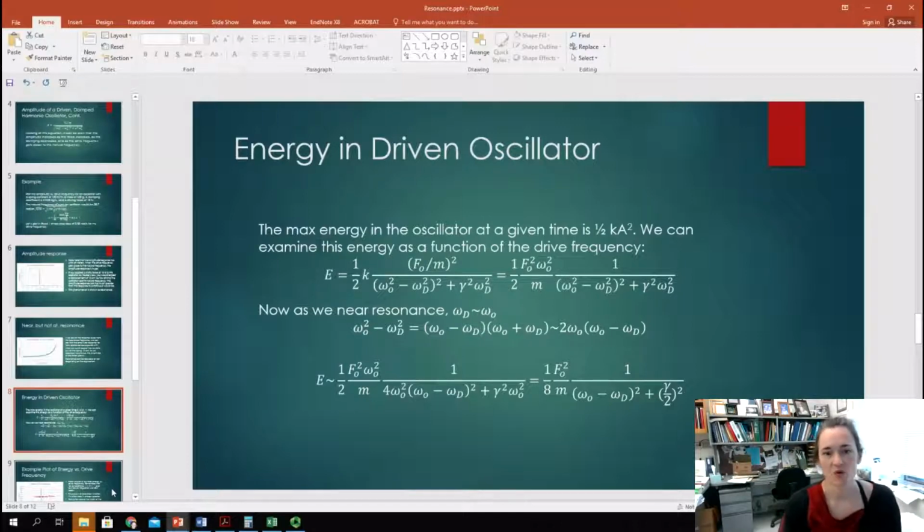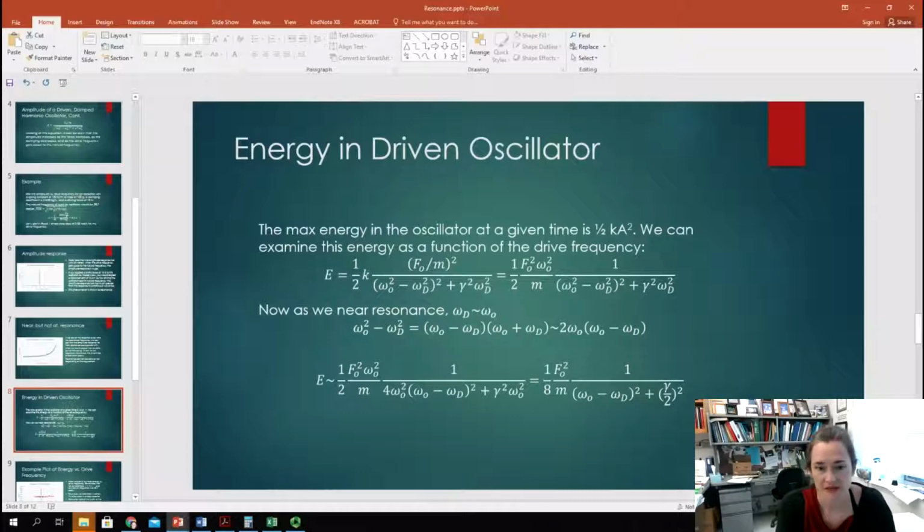Now let's think about what's happening as we near resonance. As we near resonance, the drive frequency is approximately the same, or it gets really close to omega naught. So if you think about what's happening in the denominator of our little fraction over here, we've got an omega naught squared minus omega d squared.